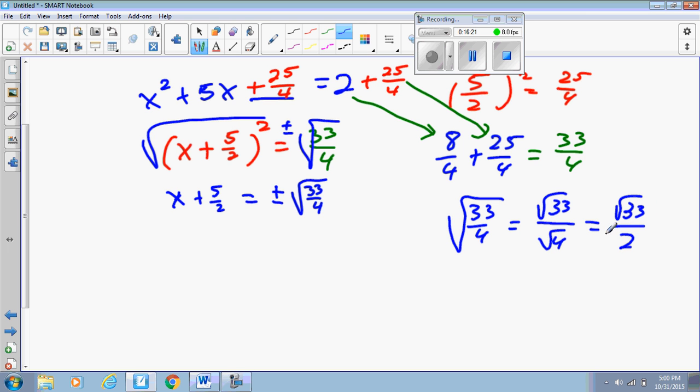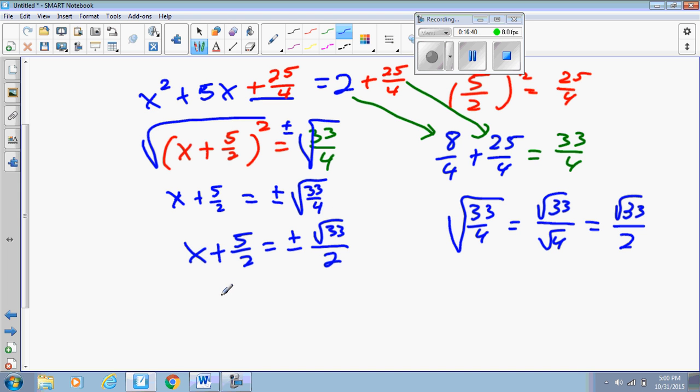So I'm going to put x plus 5 over 2 equals plus or minus the square root of 33 over 2. Square root of 4 is down here, square root of 33 I can't do anything with.